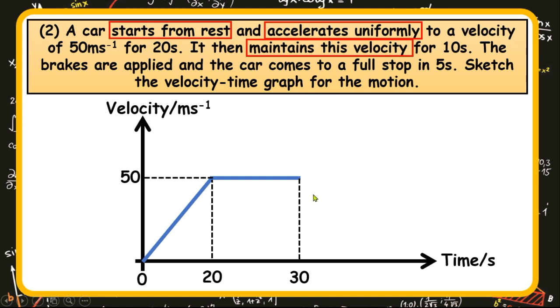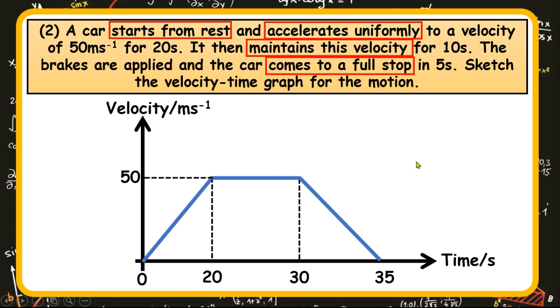Coming to a full stop means that from the 50 up here, it decelerated to rest at 0. It moves like this, down to 0 on the velocity, but for the time, it is 5 seconds. So you add the 5 seconds to the 30 to give 35. So this is a sketch for this problem. I trust you have understood it very well.